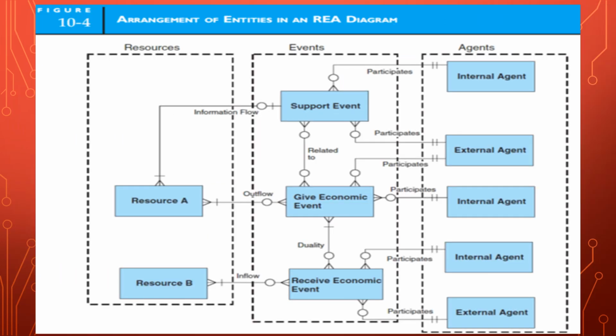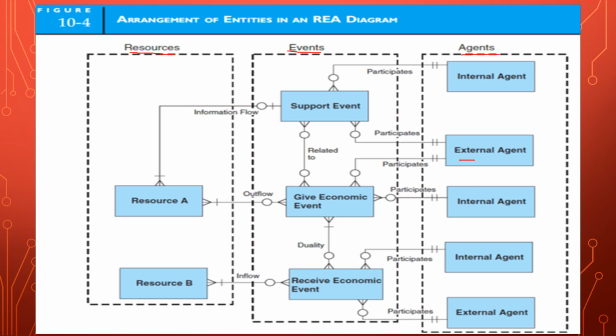Okay, so this diagram is also explaining the arrangement of entities in the REA diagram. You can see here we have resources, we have events, and we have agents. So let's start with external parties.